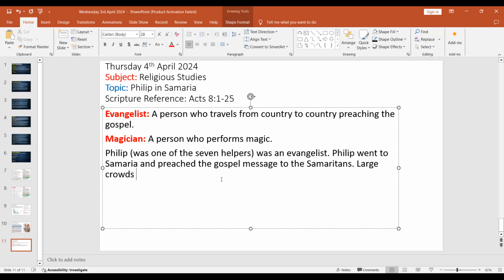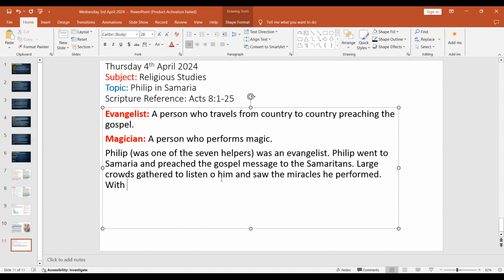Large crowds gathered to listen to him and saw the miracles he performed. And miracles were a sign that he was indeed from God. He was indeed one of God's followers.